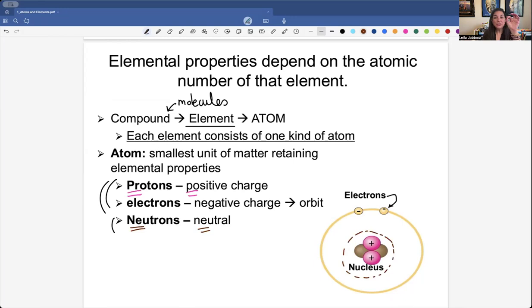The nucleus is a term that we use for basically the center of something. So the nucleus of the atom houses protons and neutrons. Okay. And electrons are negatively charged. So we have a little negative sign over here. You can see that.